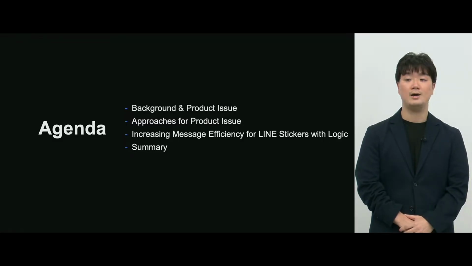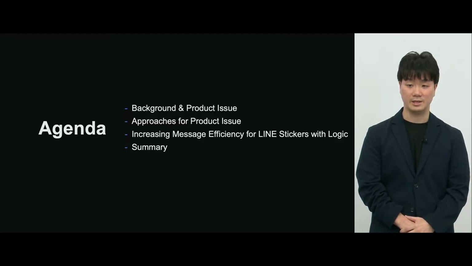So this is the agenda of the session. We have two different topics in the first part and the second part. In the first part, I'd like to talk about the Line Official Accounts and the issues with this product. And then I'd like to talk about the different initiatives that we did in order to solve this problem.